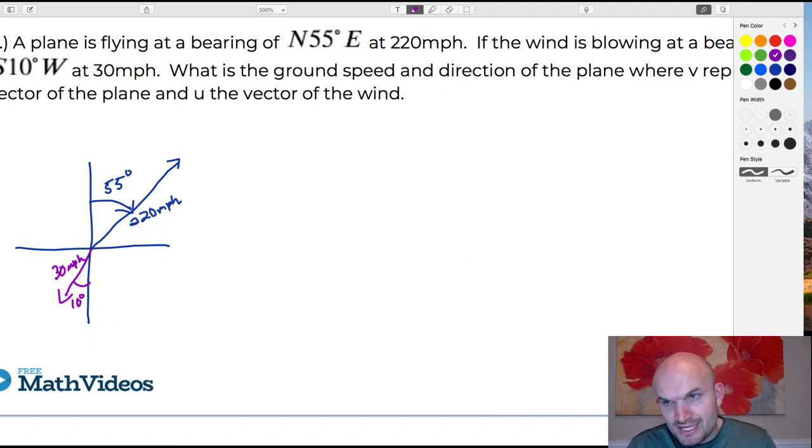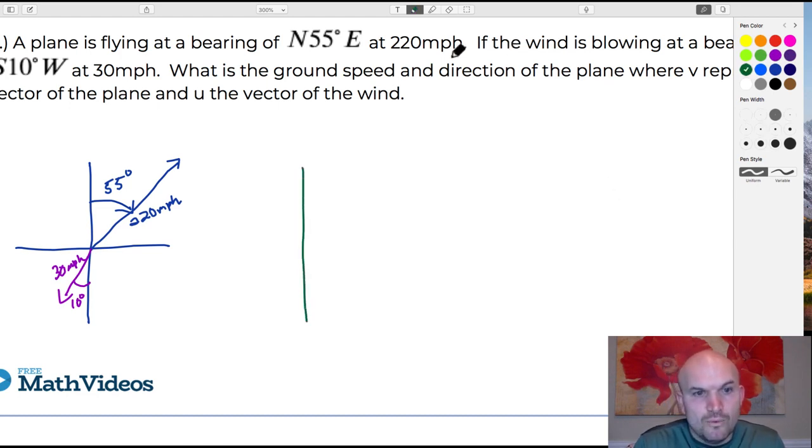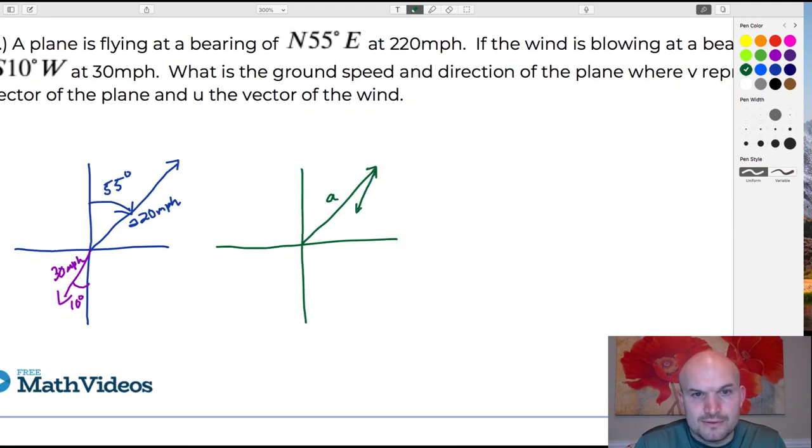To put that another way, we're basically looking for the resultant vector, if here is my airplane and here is my wind. Because think about it, this is 220 miles per hour and this is 30 miles per hour, so that's really kind of small. But anyways, what we're looking for is this resultant vector.